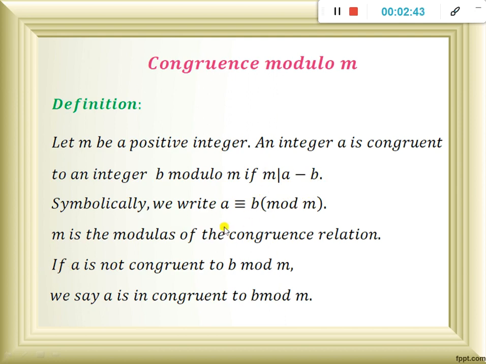Symbolically, we express this as a ≡ b (mod m), where m is the modulus of the congruence relation. If a is not congruent to b mod m, we say a is incongruent to b mod m, right?